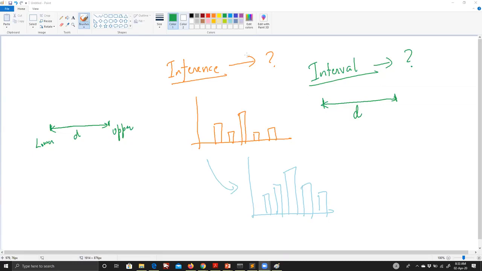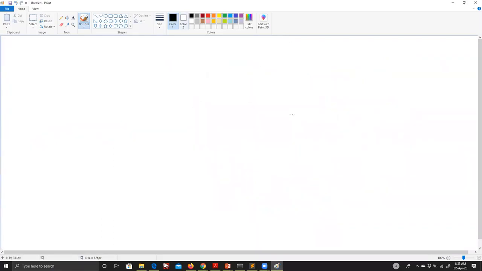So now the question is, and let me put the question properly. Let's take this example of Coca-Cola. We get this bottle of 750 ml.